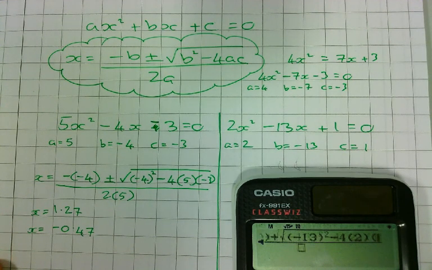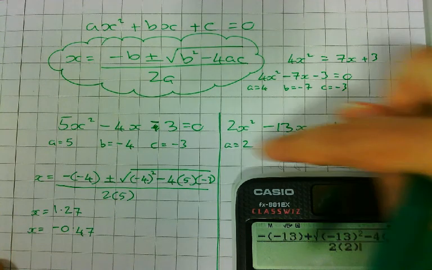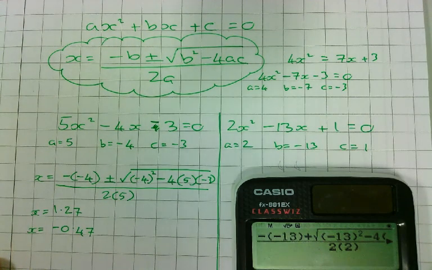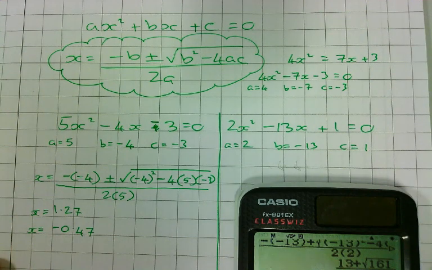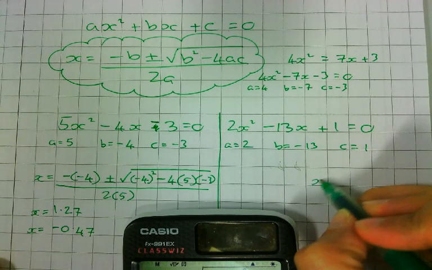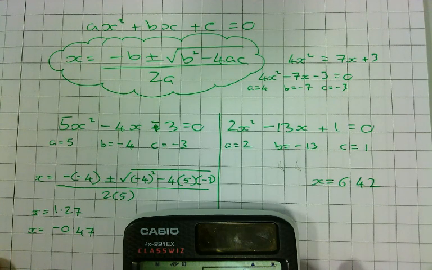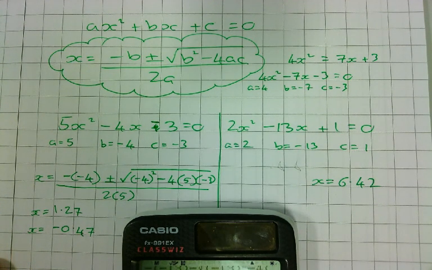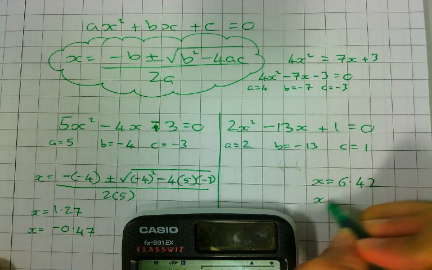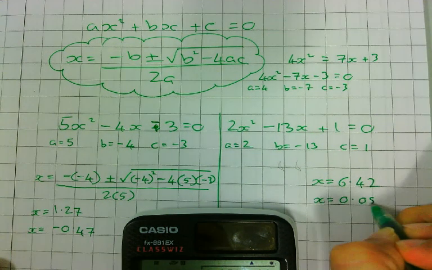Your answers should have ended up being somewhere around 6.42 and 0.08. Right, can you now go and have a go at the Hegarty Maths thing again, please?